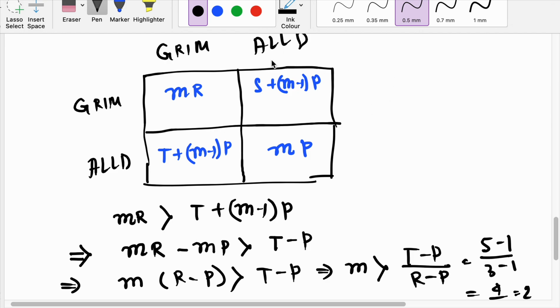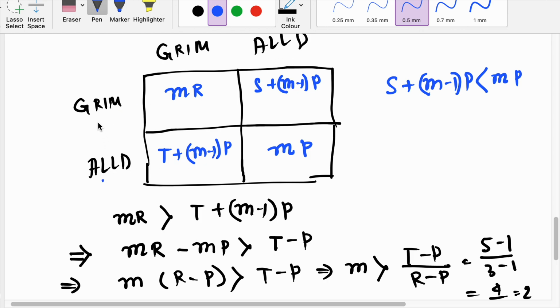Against Aldi, if I play Grim, I'll get a payoff of S plus (m minus 1) P, and you will find that it is always less than mP. So if my opponent is playing Aldi, I should always play Aldi.